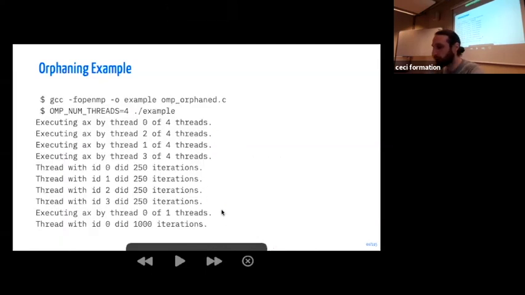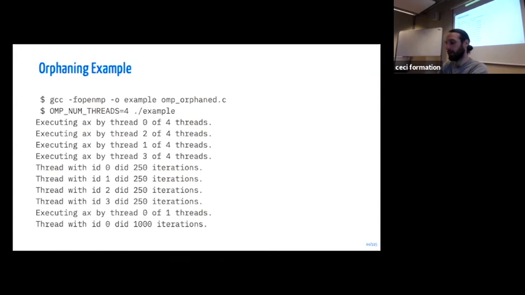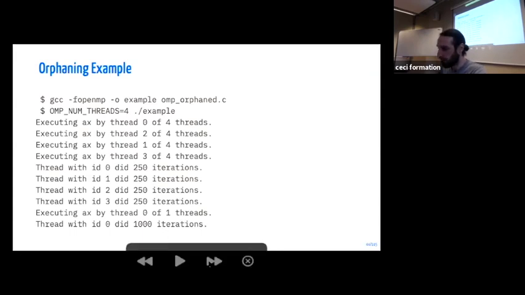If you call the function outside of the parallel region, then the OpenMP for just binds to the master thread and executes AX on just one thread, thread 0, the master thread, and does the full iteration space, meaning the 1000 iterations. So you don't need to create a parallel region in exactly the same lexical scope as the for directive, but of course, if you don't use a parallel region, this OpenMP for will just run on one thread.